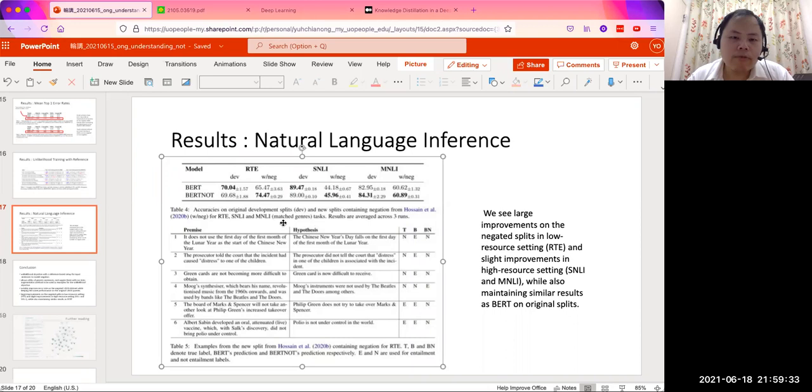So since it does not logically follow, the truth label over here, column T is truth labels, B is BERT, Bn is BERT naught. We see that the truth label is non-entailment. However, BERT, not able to detect the negation, identifies it as entailment, whereas BERT naught correctly identifies it as non-entailment.